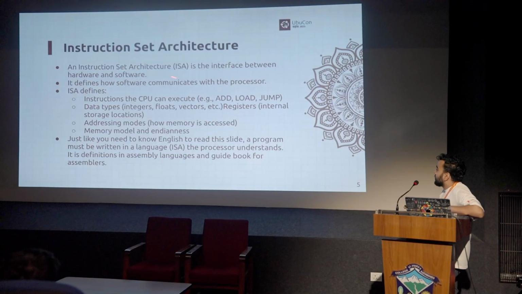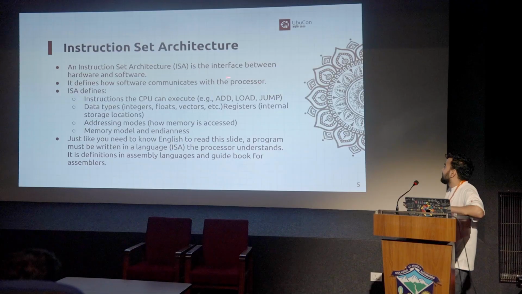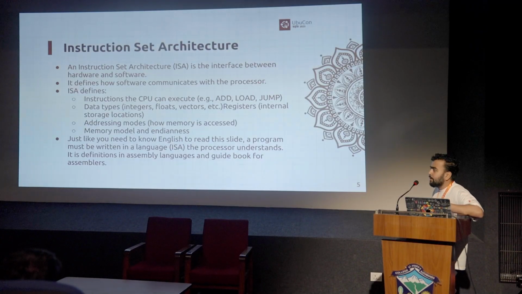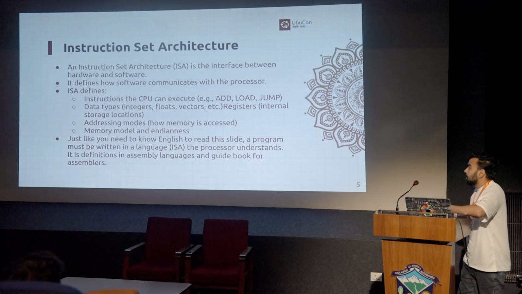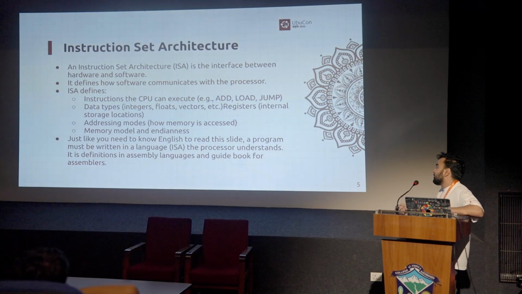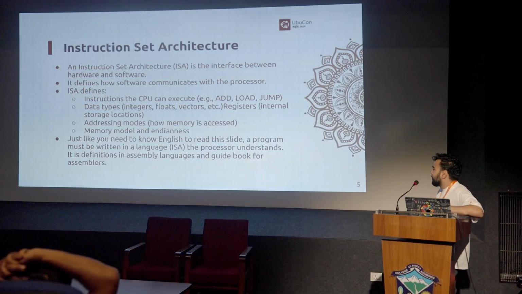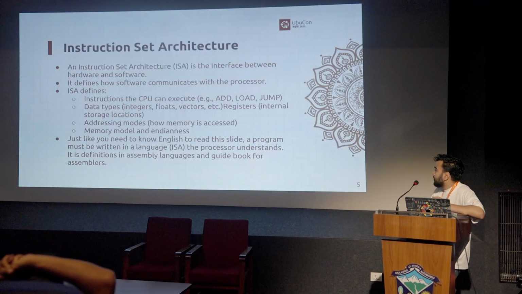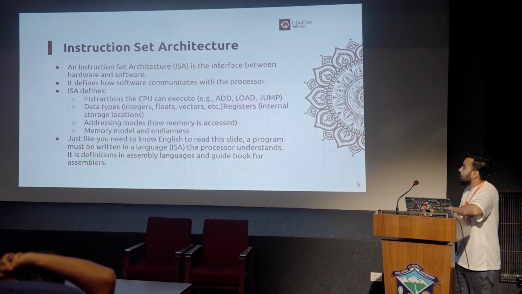It defines the instructions that a CPU can execute. Most of us are familiar with these commands, as we have worked with microprocessors and microcontrollers: add, load, jump. We write programs for 8085, 8086 using these. ISA also defines data types: integers, floats, vectors; registers, which are internal storage locations; and addressing modes, how things are addressed. Generally there are two or three types of addressing modes we are familiar with, but we are not going to dive into this.